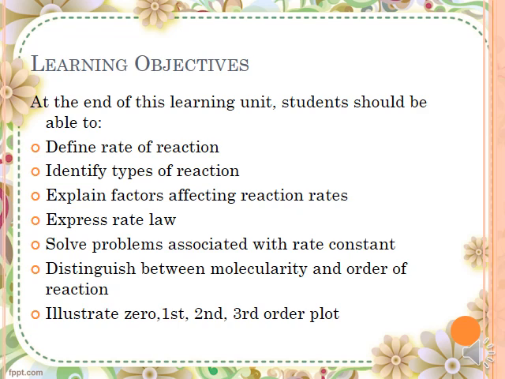Fourthly, expressing the rate law, followed by solving problems associated with rate constant. Next is distinguish between molecularity and order of reaction. And then finally, last three, plot of zero order, first order, second order, and third order.